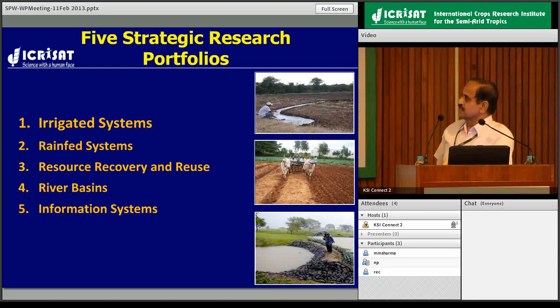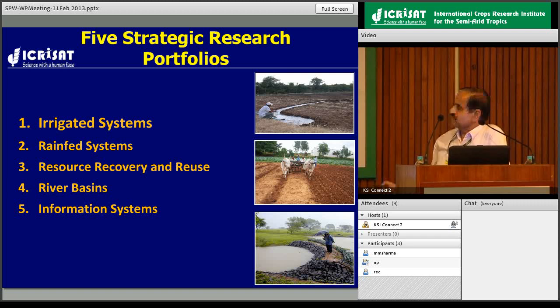The second one is with the rain-fed systems across the globe, wherever the areas have been identified, how we can intensify the rain-fed system and bridge the gap which is existing. Resource recovery and reuse deals mainly with wastewater, that is the grey water, and how the resources can be recovered from that and reused in agriculture.